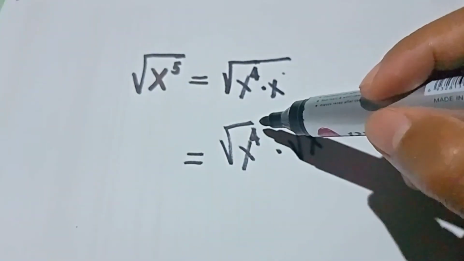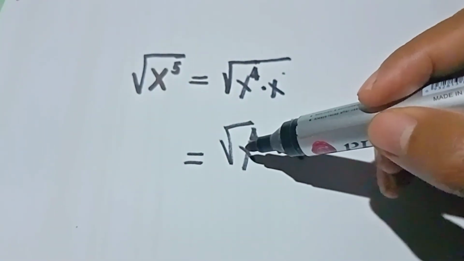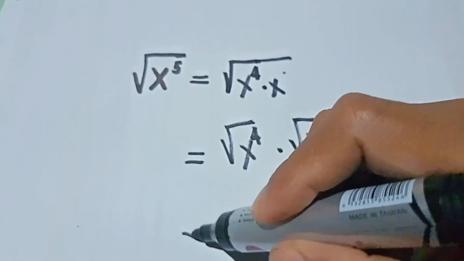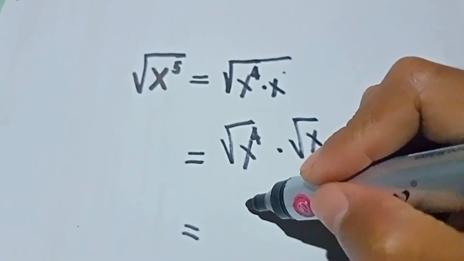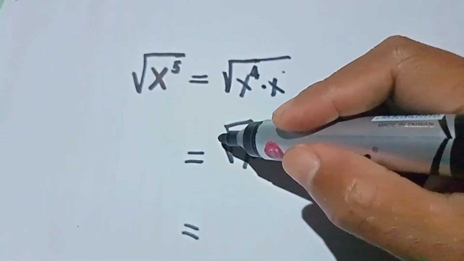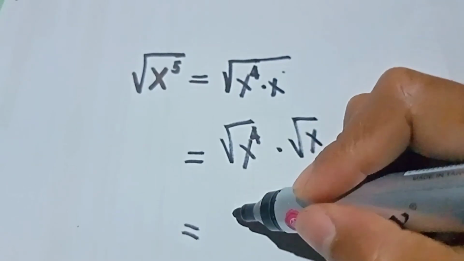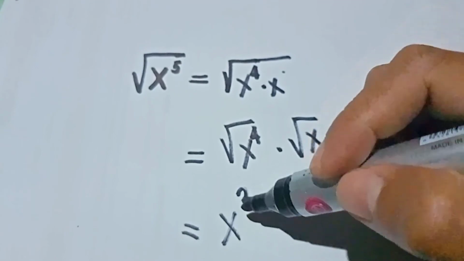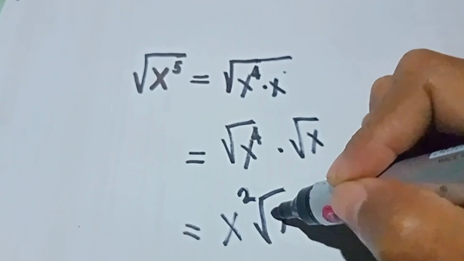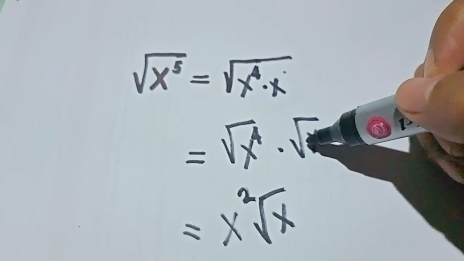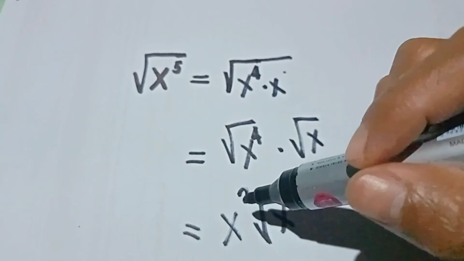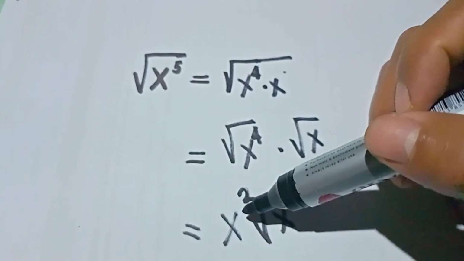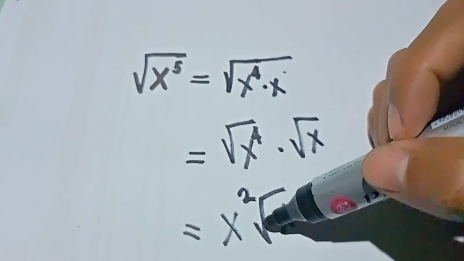So, ngayon, pwede na tayo mag-simplify or extract na natin ang perfect square. 4 divided by 2 is 2. So, x raised to 2 square root of x. Copy the not perfect square. So ito na ngayon ang ating magiging final answer: x raised to 2, then square root of x.